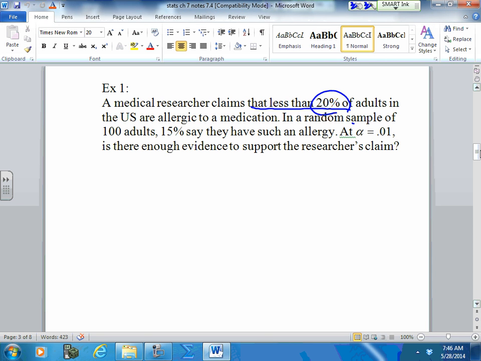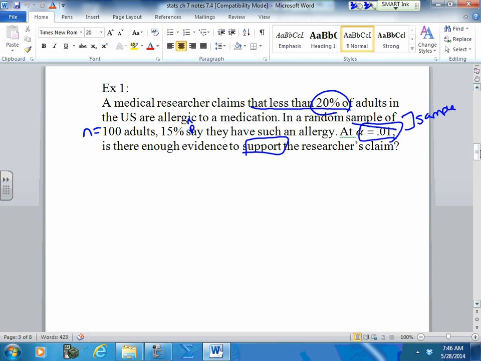In your random sample, here's your sample information: 100 adults, there's your N, 15%, there's your p-hat, say that they have such an allergy. At a level of significance of 0.01, is there enough evidence to support the researcher's claim?